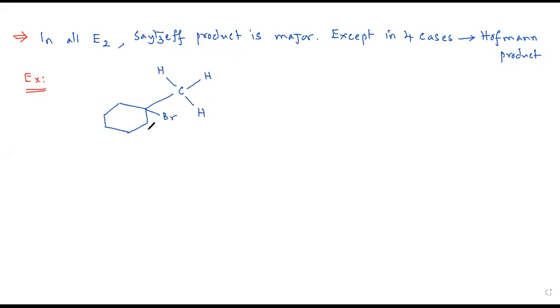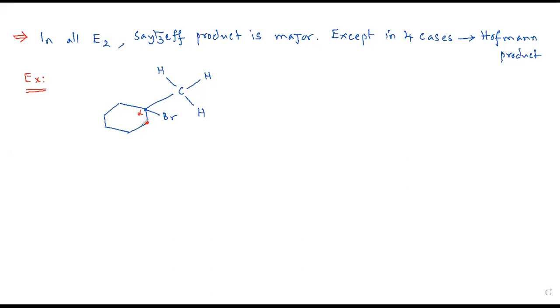See, this is what is given. It's a 3-degree alkyl halide, right? Now, of course, this carbon is alpha.